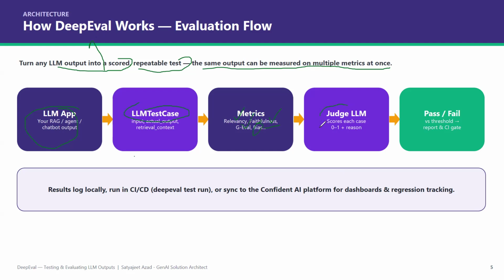Then we have LLM as a judge, which scores each metric and gives a score from 0 to 1, and whether it is passing or failing is also mentioned here. So this DeepEval gives you confidence in your AI systems end to end. This is an interesting framework people don't talk about, but it's important.